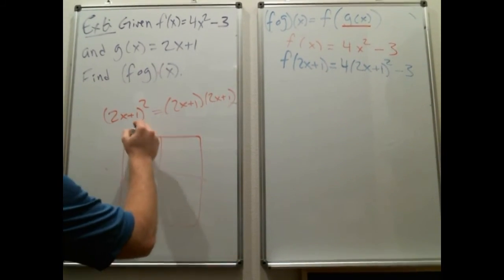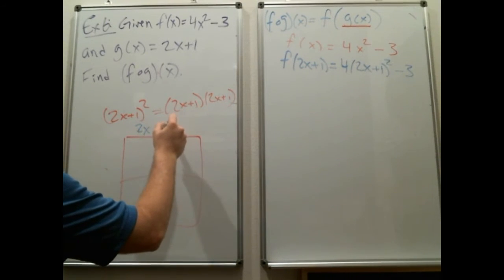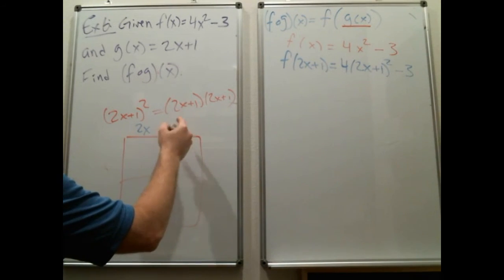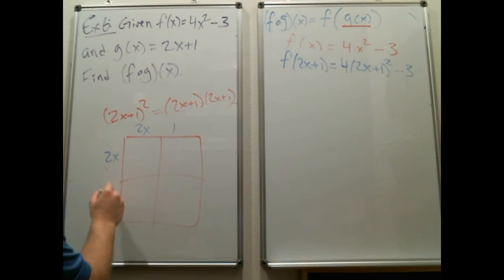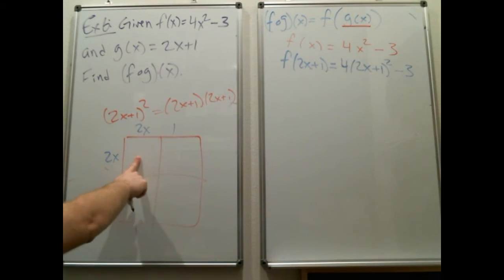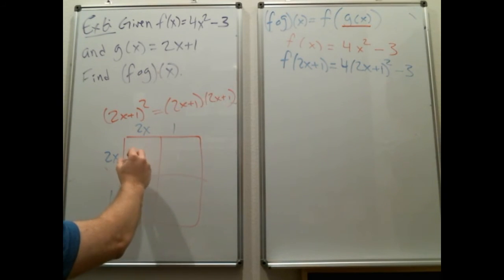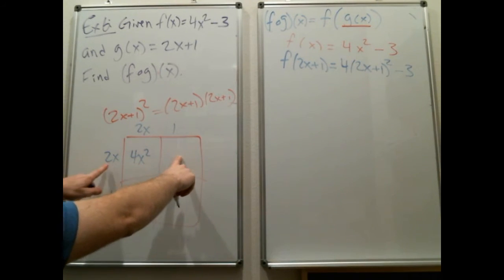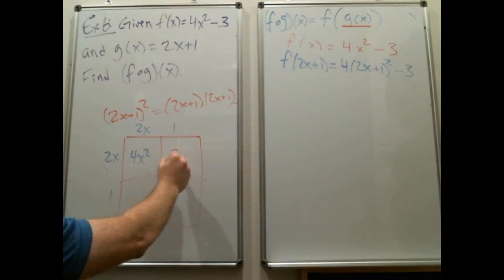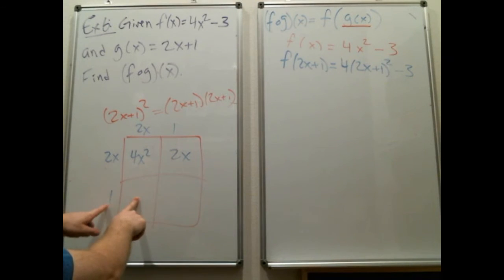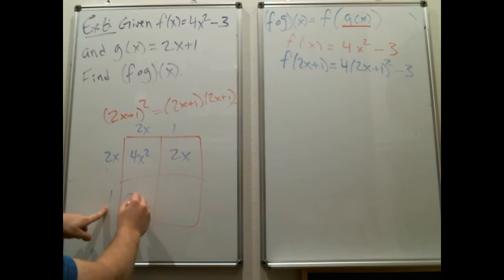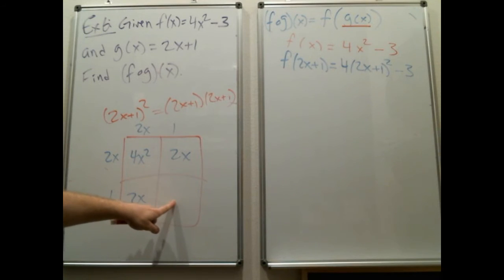So you put 2x and 1 here, 2x and 1 here. So this is the intersection of these two things. So 2x times 2x is 4x squared. This box is 2x times 1, which is 2x. This box is 1 times 2x, which is 2x. And this is 1 times 1, which is 1.